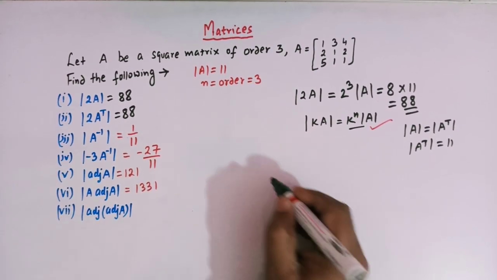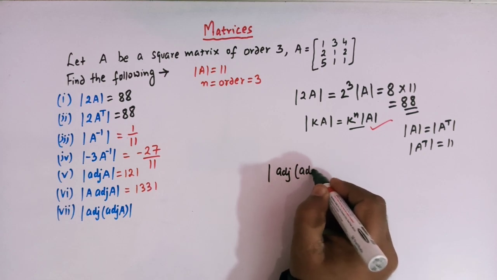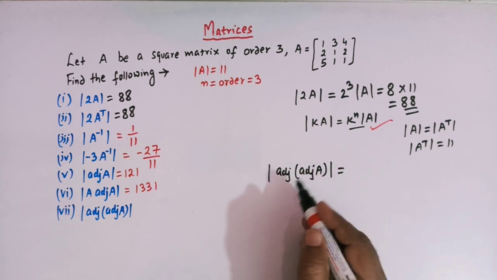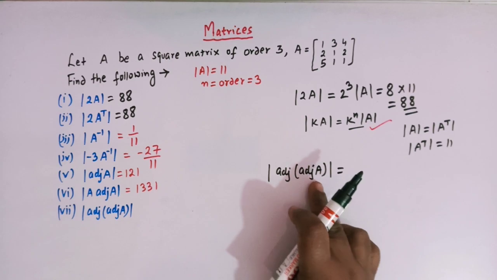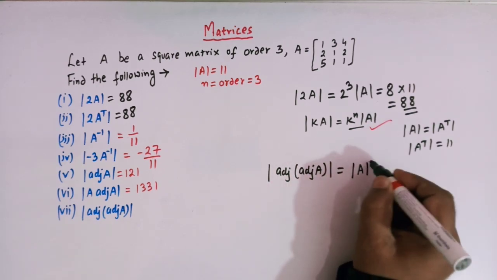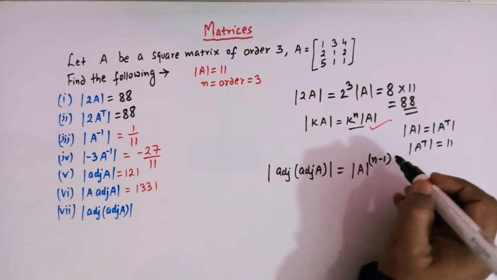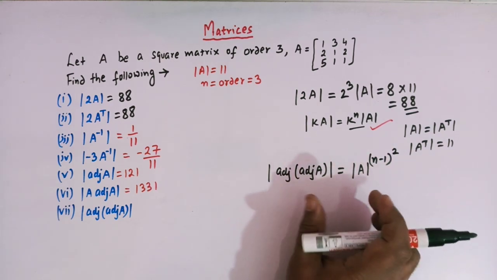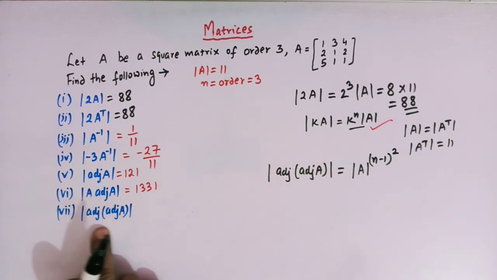So now let us take the last result. Here we have the determinant of adjoint of adjoint of A, and the direct result for finding it is given by determinant of A raised to n minus 1, where n is the order, all squared. So we have to remember the direct results for these statements.